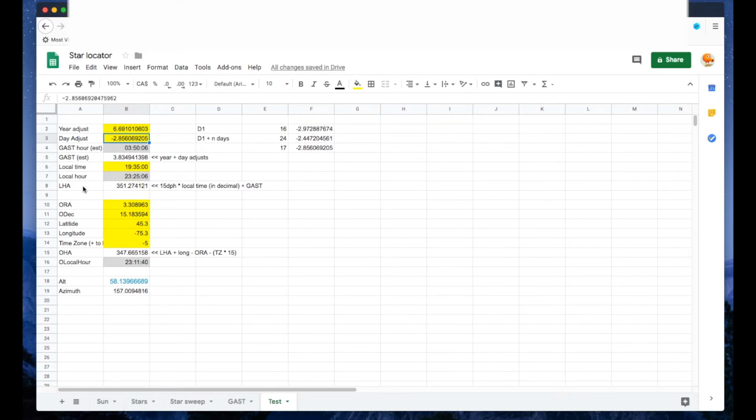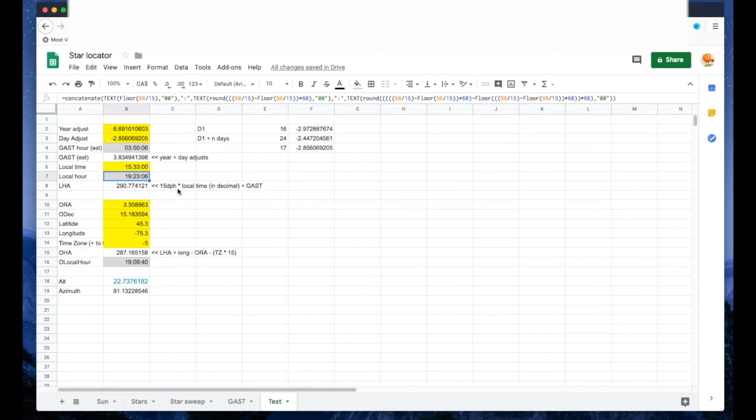Now we need to calculate what is going to be for the local hour. And in this case here, I'm recording this at 3:30 p.m. local time. That's going to be close enough.